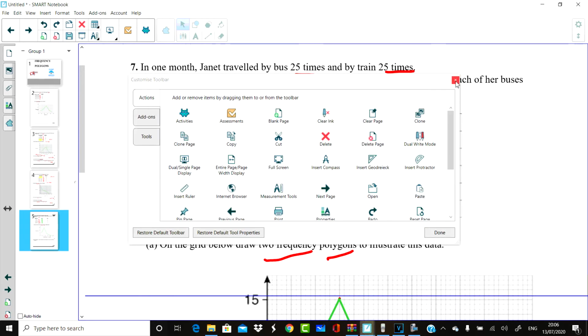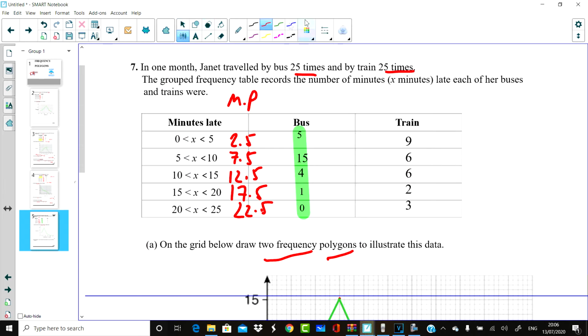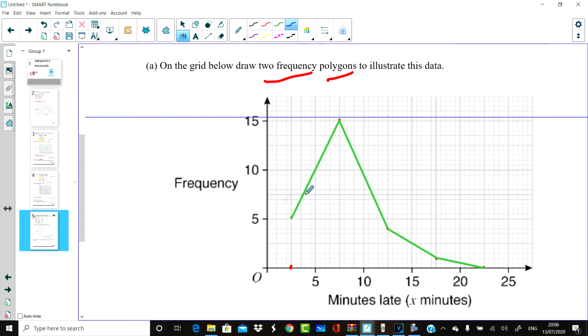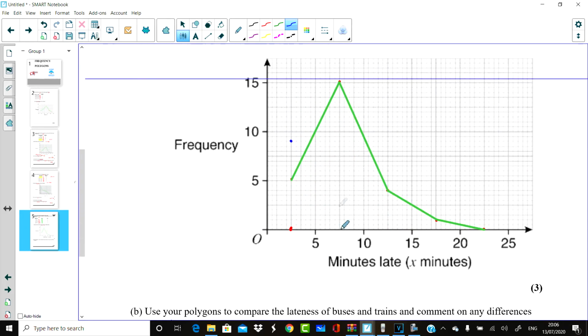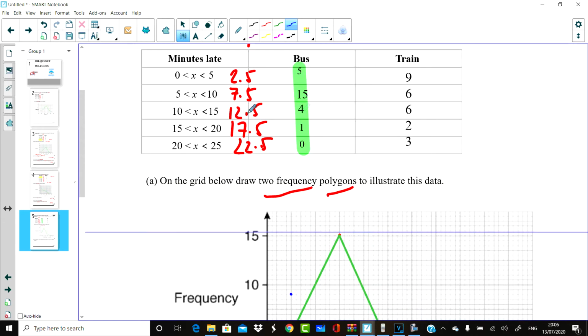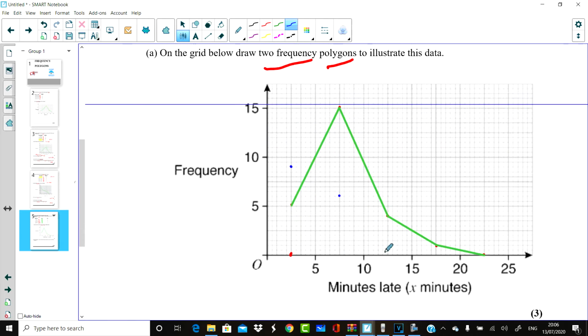Now, if I go back and plot our points for train, what I'm going to have is something that looks like this. So we have 2.5 against 9. So 2.5 is here, and 9 would be 2 boxes on the 10, so over there. Then our second one is 7.5 against 6. So 7.5 and then 6 is 2 boxes above 5. Then we have 12.5 against 6, so 12.5 is here and then 6 is over here.